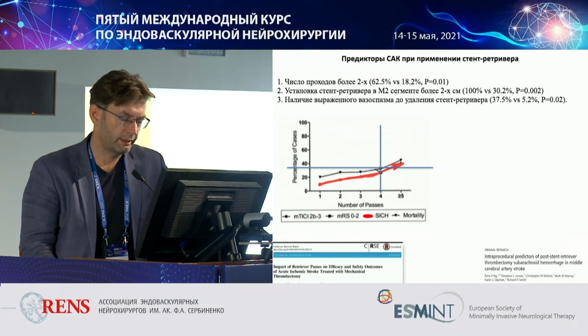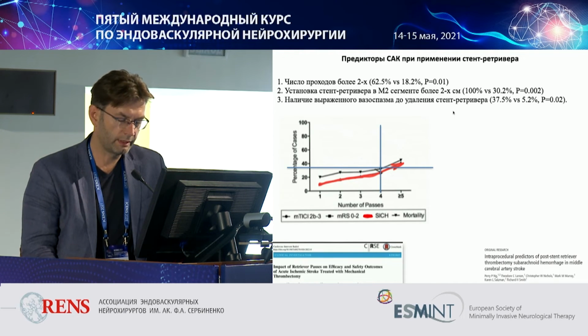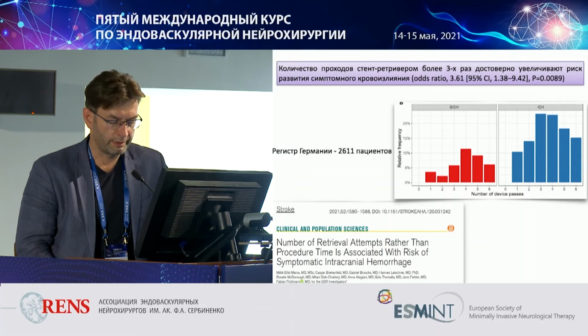What are the predictors of SAH in case of stent retrievers? That's the number of passages more than three with the stent retriever, an M2 segment, and the hours before stent retriever removal.